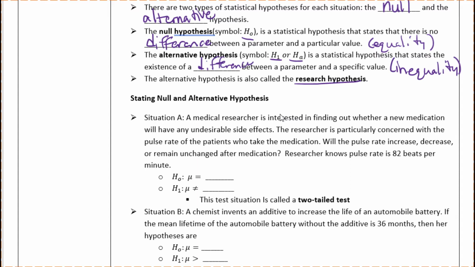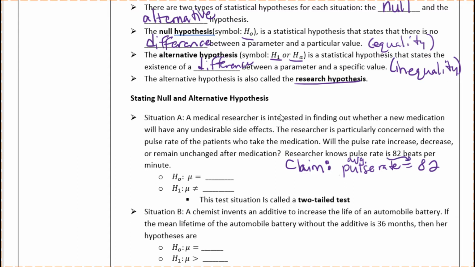So what we're saying is that the claim is that without the medication, the pulse rate is 82. So no medication, average pulse rate is 82. Okay? Is means equal, right? So if a thing is, that really just saying equal.